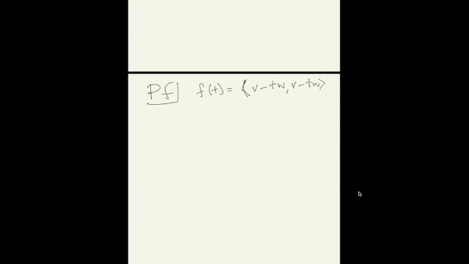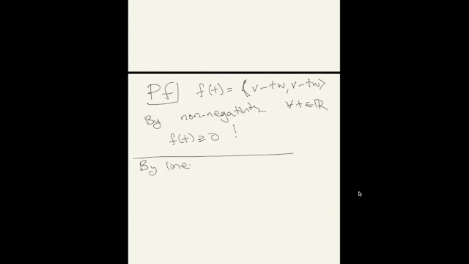Now, by non-negativity, for all real numbers t, we have that f of t is non-negative. Now, this is crucial. Now, if we use linearity, we should say define f.